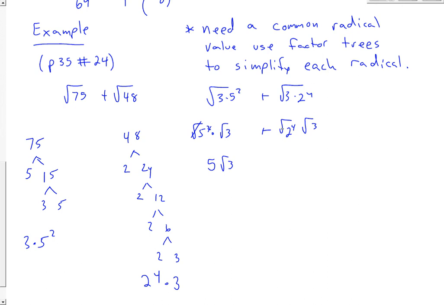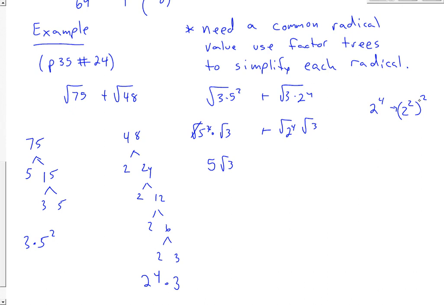Now the value on the radical here is 2, but I have 2 to the 4th. So if I want the exponent on that to be squared, I could take 2 to the 2nd because 2 times 2 is 4.